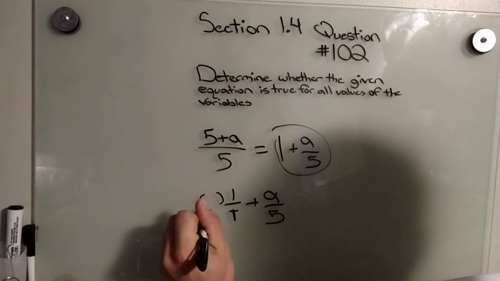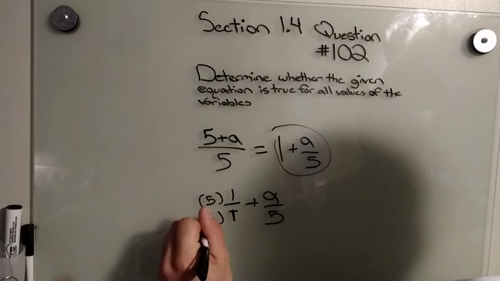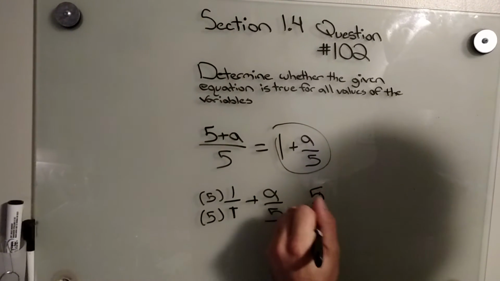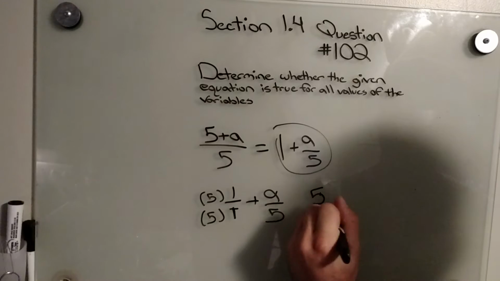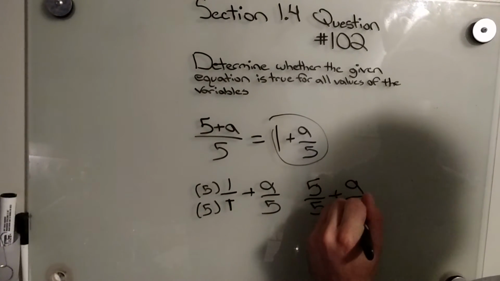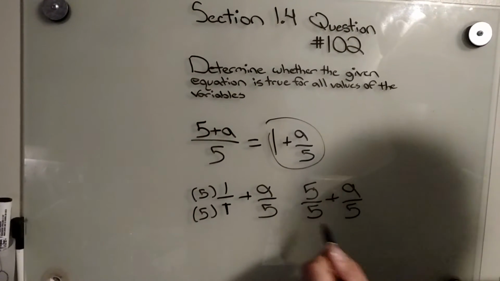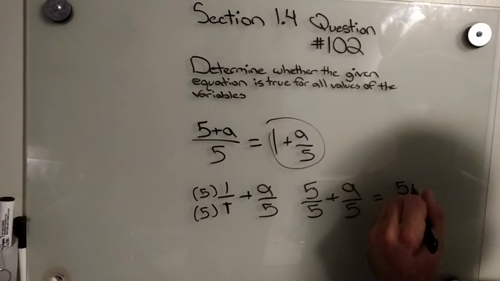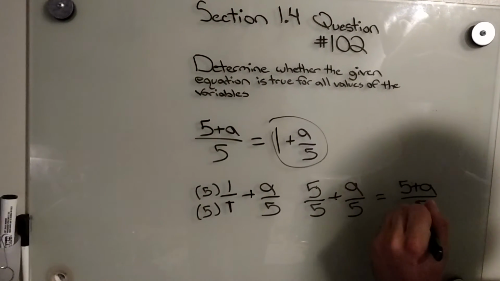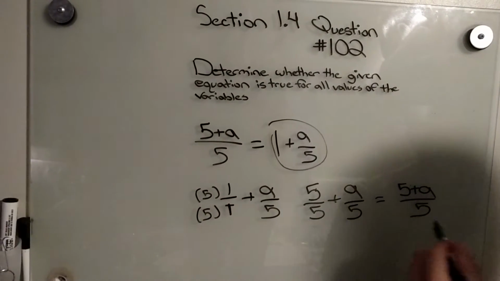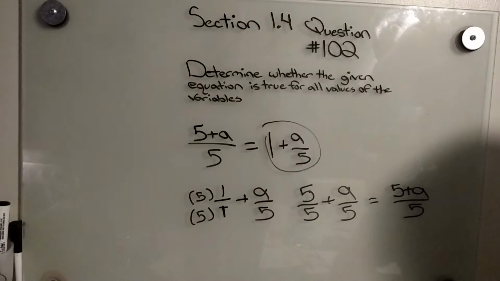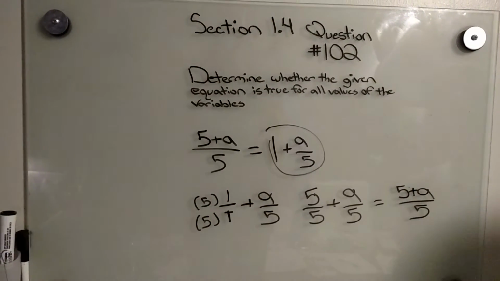So we multiply this whole number by 5, which gives us 5 over 5 plus a over 5. And we can now add the fractions because we have a common denominator, which gives us 5 plus a over 5, which is in fact equal to the original equation. So no matter what values you plug in for a, these two sides will be true.